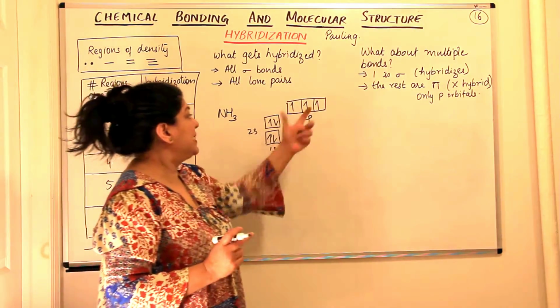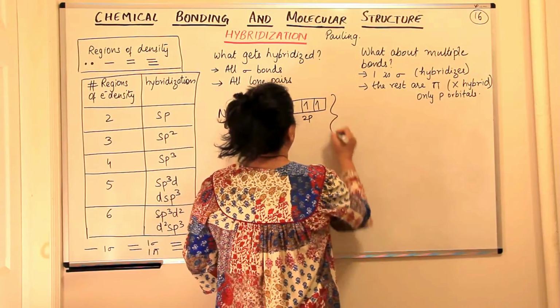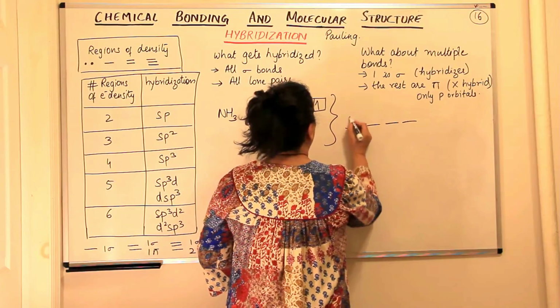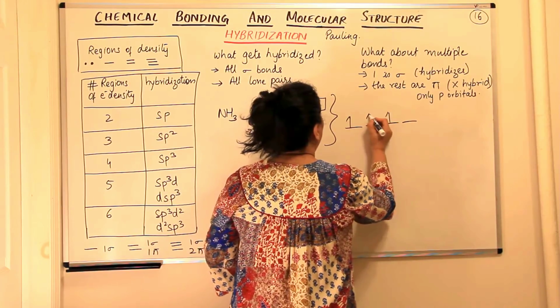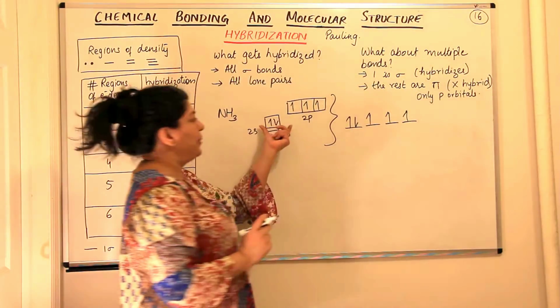All of these can participate in hybridization, and when this happens, it results in the formation of 4 hybrid orbitals. One of them has 2 electrons, and the others have 1 each. That is the lone pair.